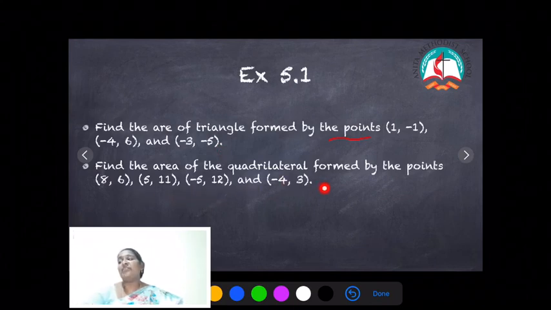Then find the area of the quadrilateral formed by the points 8, 6, 5, 11, minus 5, 12 and minus 4, 3. By using these 2 formulas, you have to work out today. Will you do it, children? After doing, just tell me.